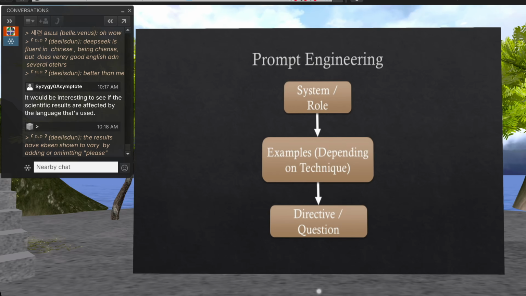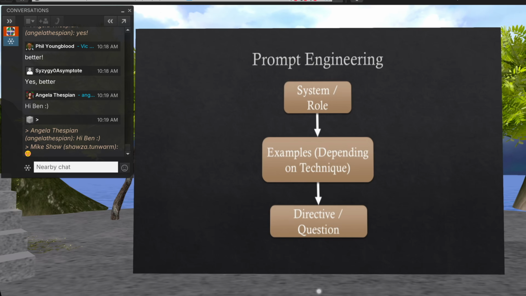What you don't see at the start is the system, the role of the model, that has already been defined by the people that have programmed it. When you interact with ChatGPT, you're basically providing a directive, an instruction, or asking a question. But you are not defining the system, the role, and you're not providing the examples that have been provided at the start. So prompt engineering is a lot more complex than people believe it is.